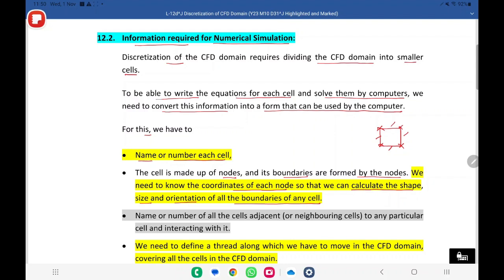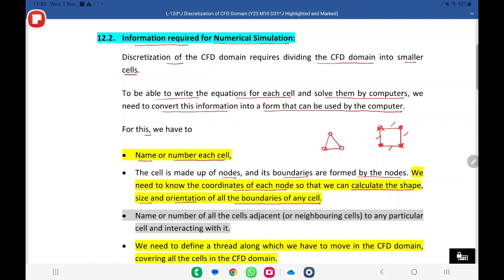The 4 nodes, or in some cases your cell can be triangular, then you have to know these 3 nodes.